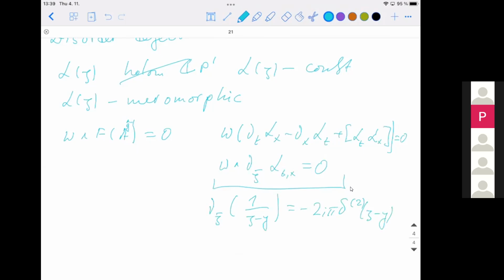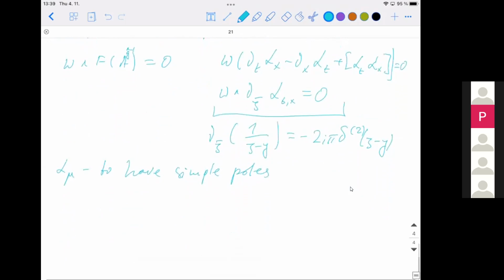That means for lambda mu to have simple poles, omega has to have simple zeros.